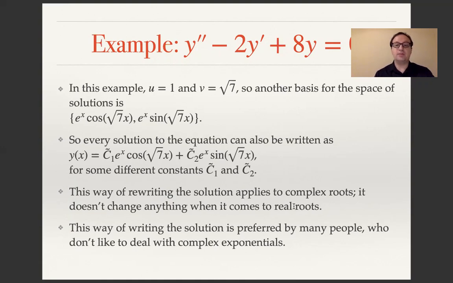And doing this replacement, so eliminating the complex exponentials from the basis and replacing them by a combination of real exponential, sine and cosine, is preferred by many people because they like dealing with real solutions instead of complex exponentials.